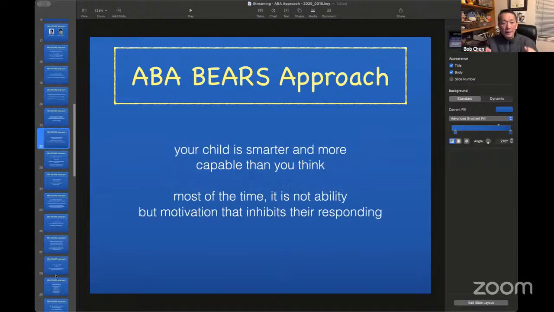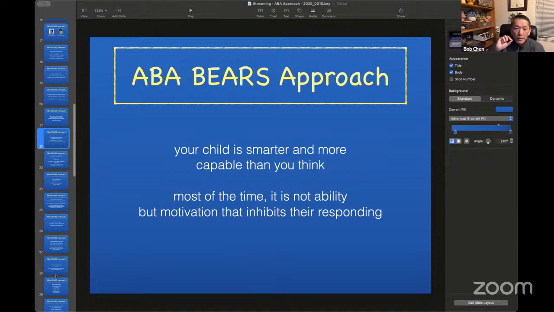Yeah. The biggest takeaway that I want everyone to understand, especially when you have a child that's diagnosed with autism, is that your child is much, much, much, much smarter and much, much, much, much more capable than you think they are. Okay? We've proven that time and time again with every child that we work with because the parents are always surprised by what their child is capable of doing.